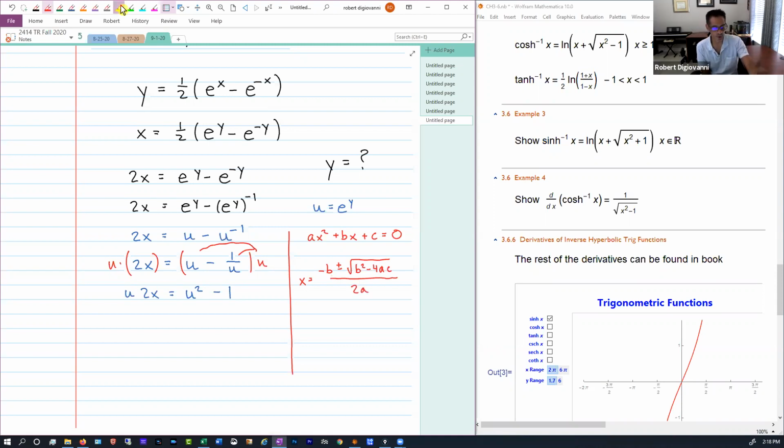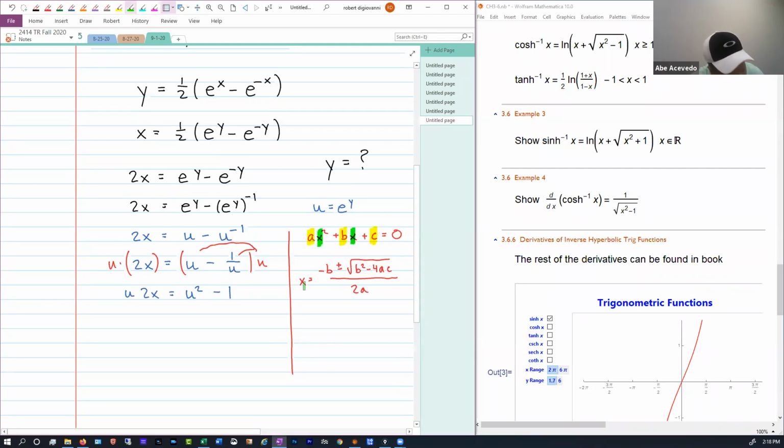But in college algebra, the a, the b, and the c were just numbers, weren't they? Like they were the coefficients. And the variable in the problem was the x. And so we were solving for x. Here in the problem we're looking at, what we're going to need to do is get everything over to one side.